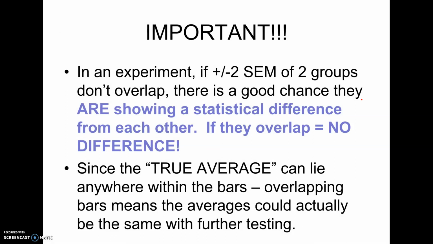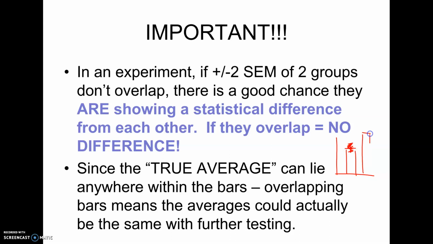And this is important for the AP exam, if two error bars overlap, when you have two standard errors of the mean graphed, it means there's no statistical difference between those two groups. If they don't overlap, it implies there is a statistical difference. Because remember, the true average can be anywhere within those bars. So this is what I got. My real average falls somewhere in here.